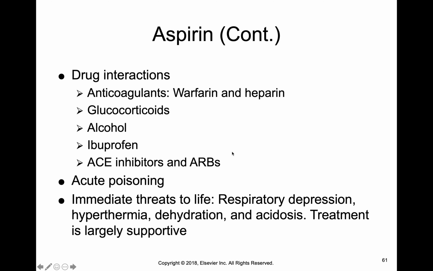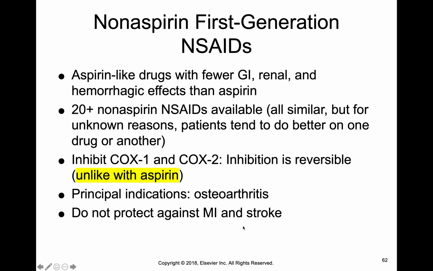ACE inhibitors and ARBs with renal function. If you have an acute poisoning, you'll have a metabolic acidosis. The patient will become dehydrated, and treatment will be largely supportive fluids and treating the acidosis.